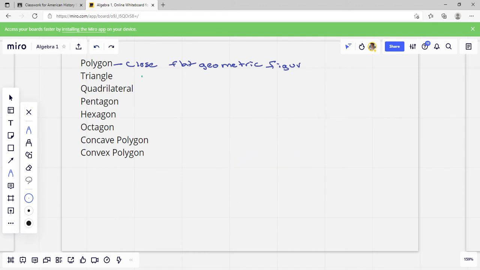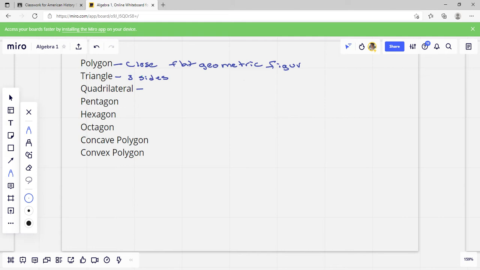All right. Let's see. Okay, so different types of polygons. The polygon with the least amount of sides is going to be a triangle, and we already know what a triangle looks like. And that one has 3 sides, so polygons are named for their number of sides.